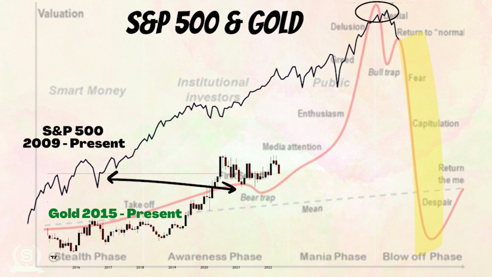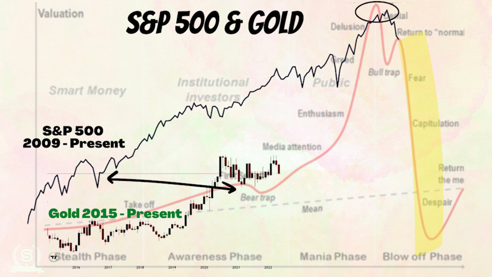If you look just to the left of that dip, there was a very similar one a little bit earlier on that S&P 500 chart. And if you look at the top right, you'll see where I circled the top and that things are having their little bump and we're starting to maybe see this sell-off. I've given you that little yellow highlight to say, hey, that might be where we're going and where we need to go if the model is actually accurate.